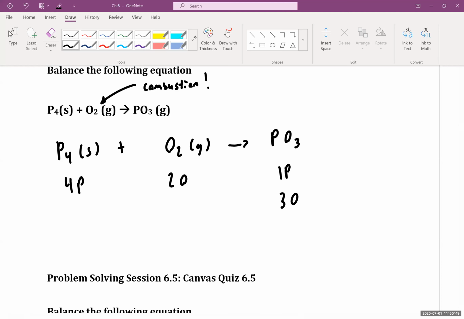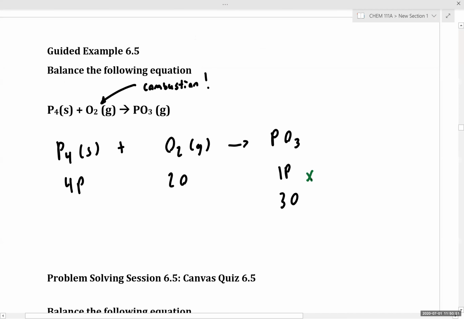So then, what coefficient do I need to guess in front of PO3 in order to get 4 phosphorus? 4, yep. So that in turn gives us 4 phosphorus and 12 oxygens.